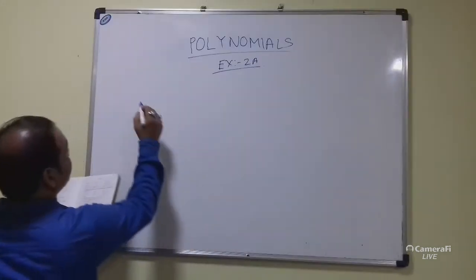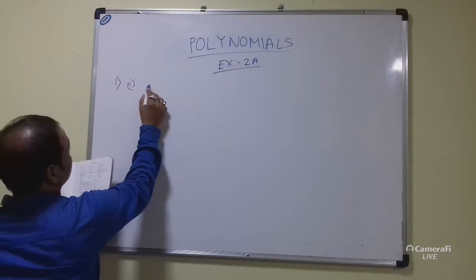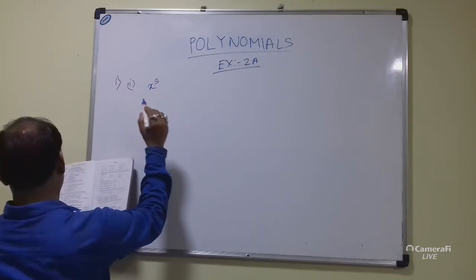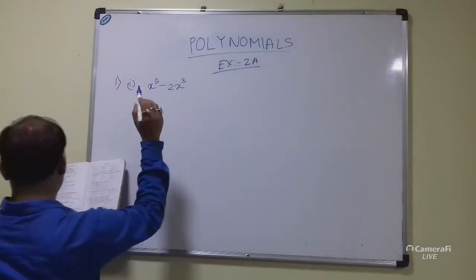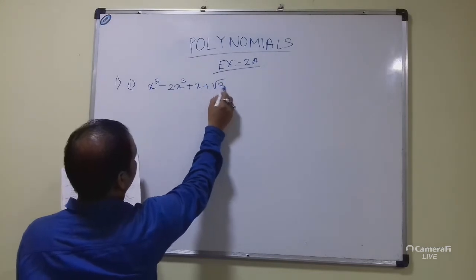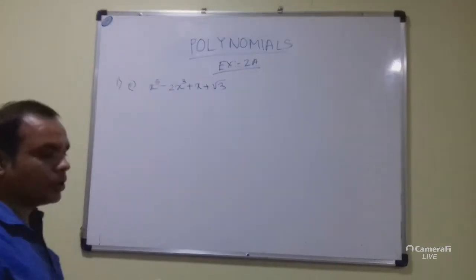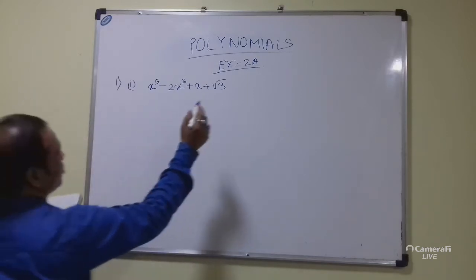So the first problem is x to the power 5 minus 2x cube plus x plus root 3. Is it a polynomial or not? Students, it's a polynomial.